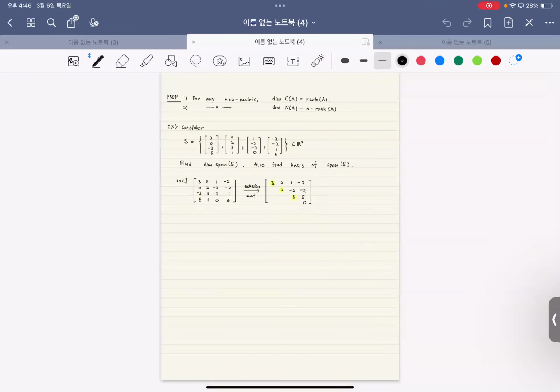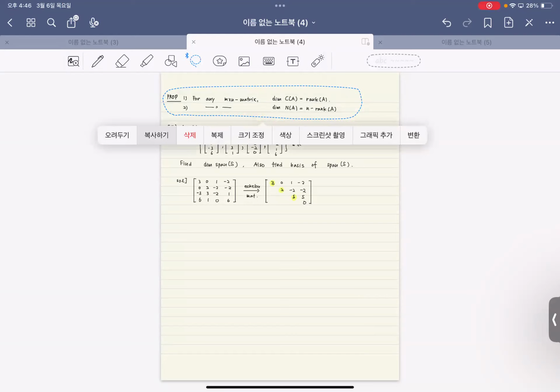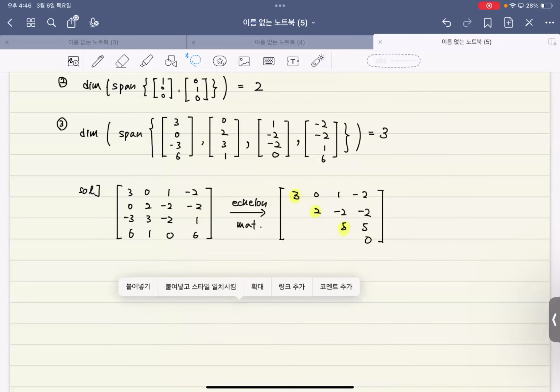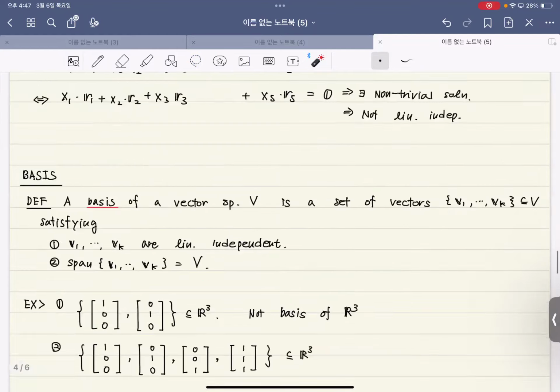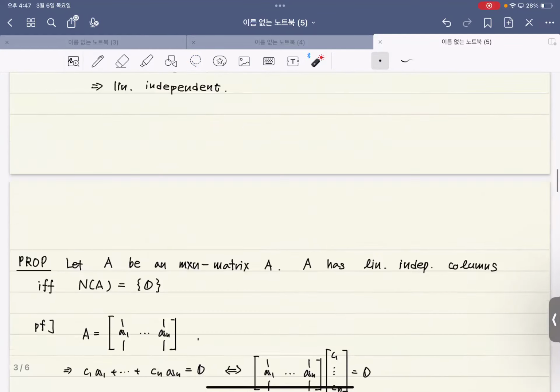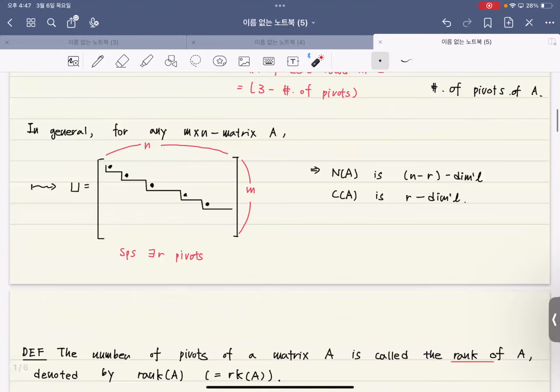Sorry about this. And last but not least, I know I just ran out of time, but forgive me, just give me a couple of seconds. For any n by n matrix, the dimension of the column space is rank A. Right?